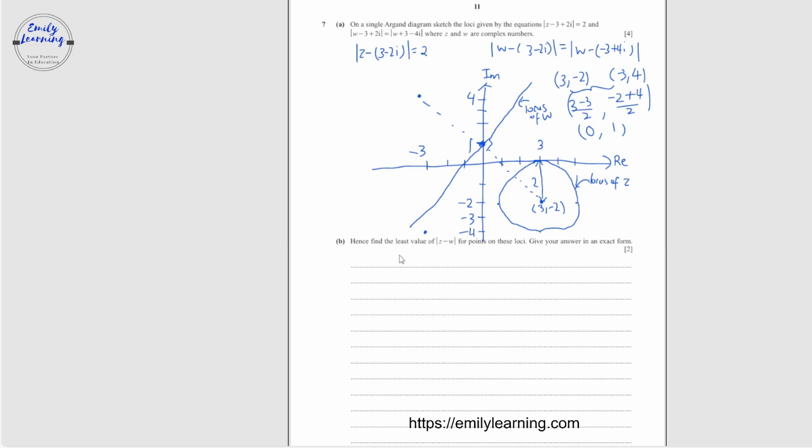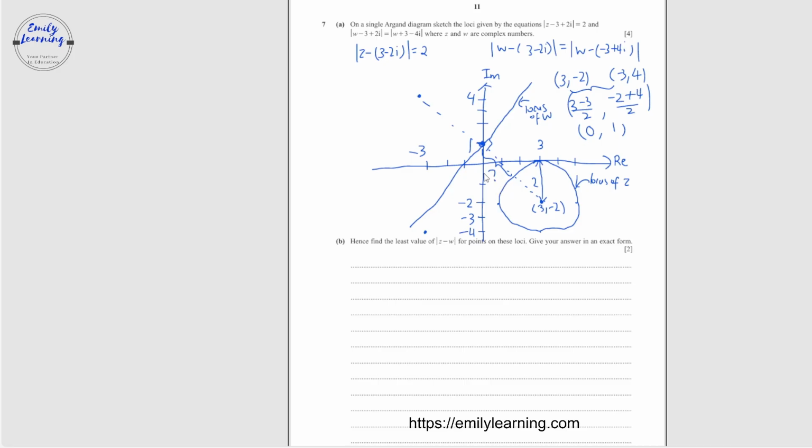So how do you find the least value? This is where W is likely to be at, and this is where Z is likely to be at. They're asking you the least value. That means the shortest distance between W and Z. So the shortest distance between W and Z is basically this distance here, right?